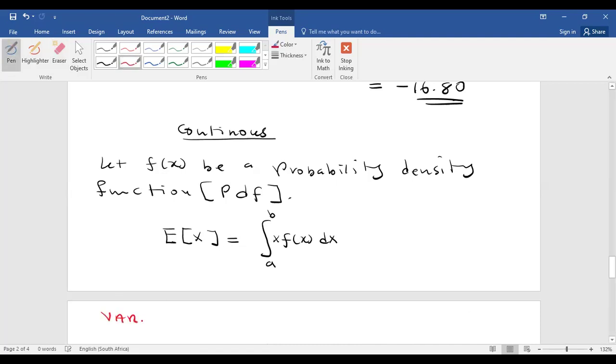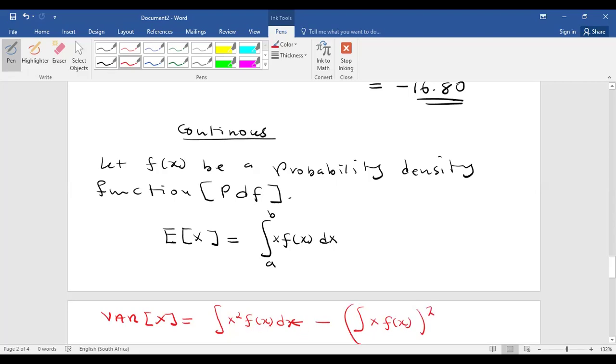Then the variance is similarly the same thing. The variance is the integration of x squared f of x dx, minus the integration of x f of x dx, which we know is the expected value, and then you square that.